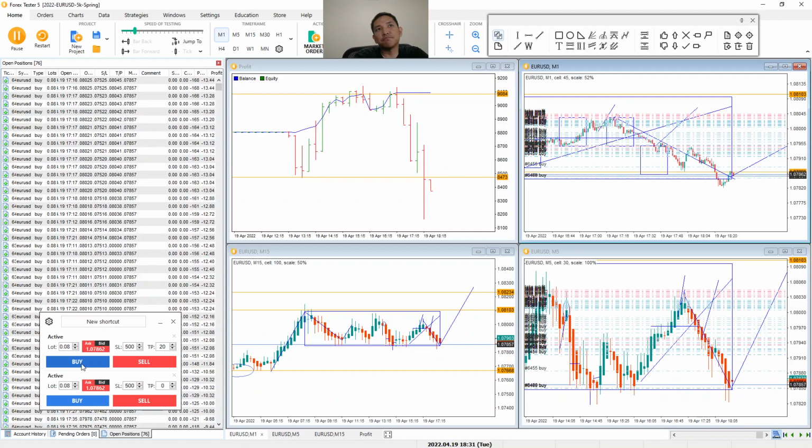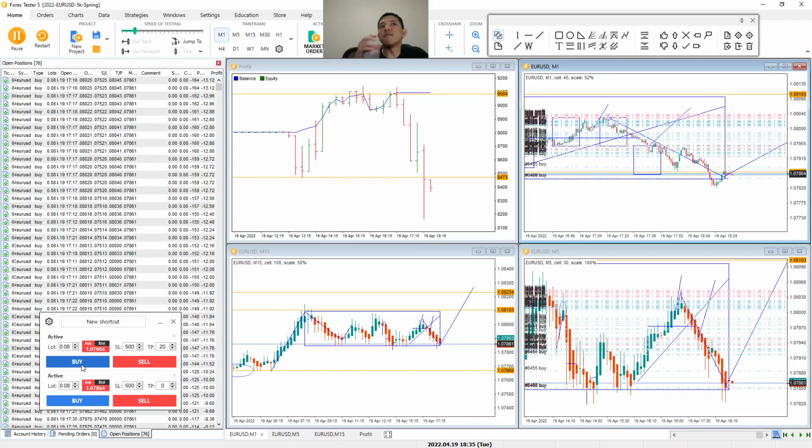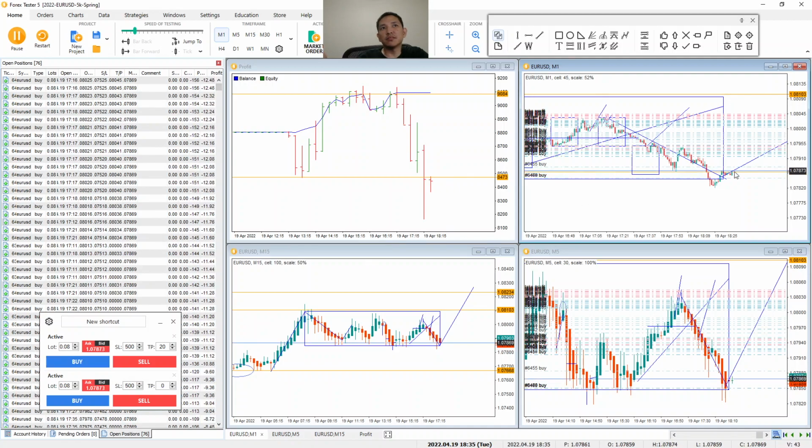So as prices pull back, I could sell, knowing that sells might fail and lose. Okay, but based on this pattern, this is a good one. It's turned doji, likely to reverse now.